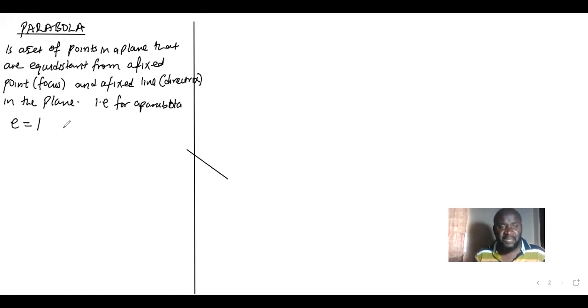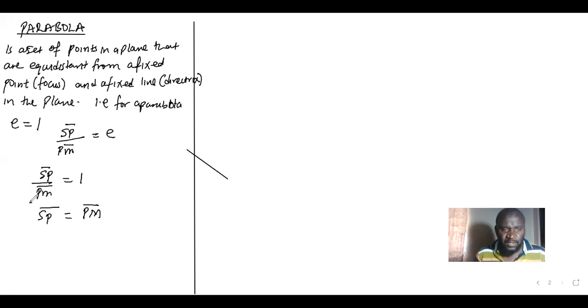It means SP over PM is supposed to be equal to the eccentricity of the parabola. But because the eccentricity is 1, the distance of the fixed point, which is the focus, is always equidistant to the distance of the directrix to the variable point P. That is why they become equal. So this is the most important definition that brings about a parabola.